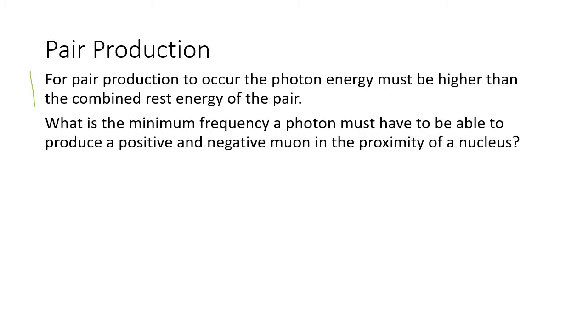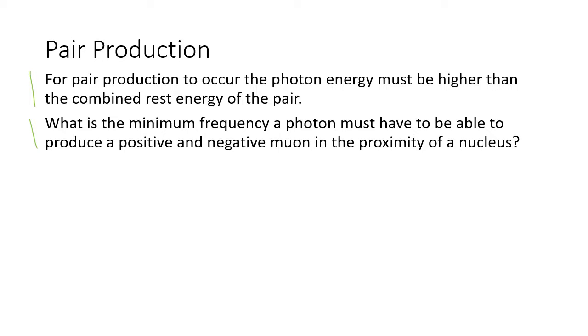So, a typical question would be this: what's the minimum frequency a photon must have to be able to produce a positive and a negative muon in the proximity of a nucleus? The most typical question is an electron and a positron, but we've just done an electron and a positron example for annihilation, so I thought I would change it and make it a pair of muons.